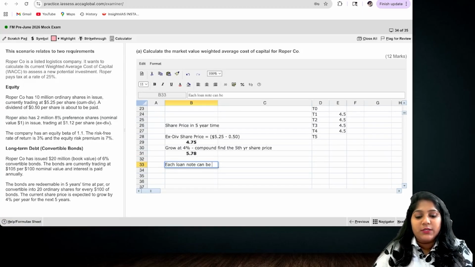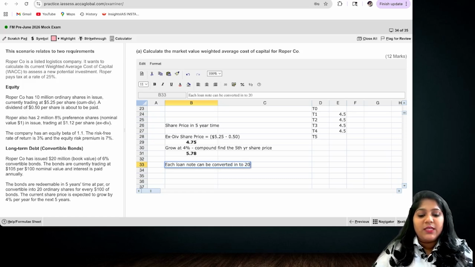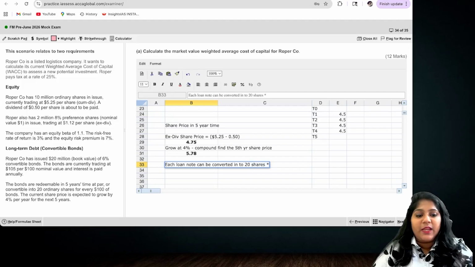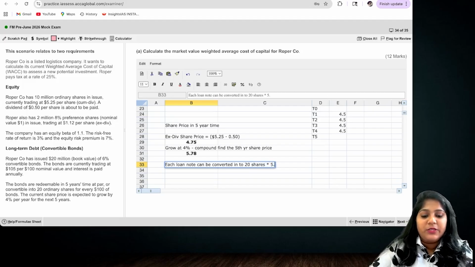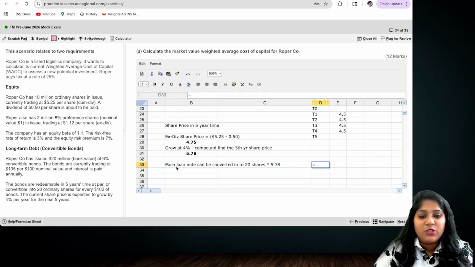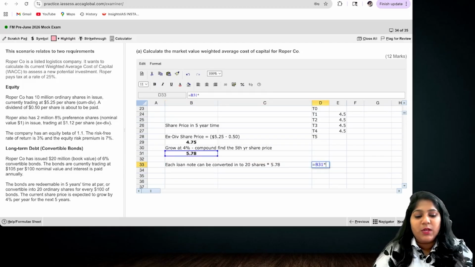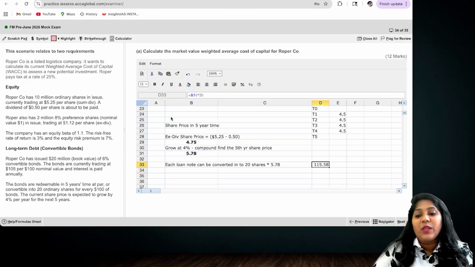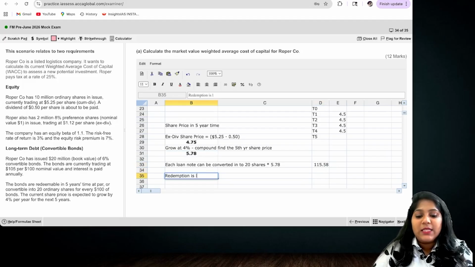Now use this and convert. Each loan note can be converted into 20 shares, each share having a value of 5.78, guys. So the conversion option gives us this multiplied by 20, which is 115.58. Looks like redemption is lesser, because redemption is how much, guys?